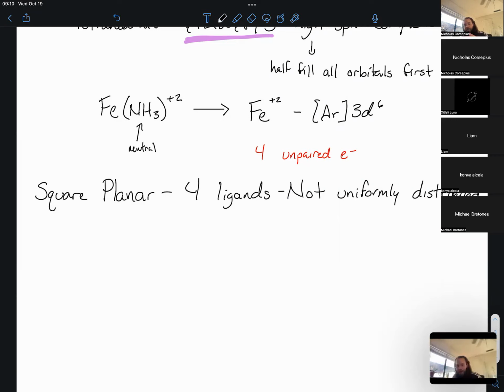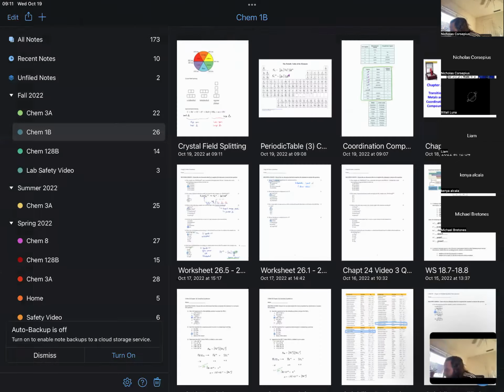They're kind of bunched up around the very center of the complex. Because of that, you see a much larger splitting energy than you would with a tetrahedral. So again, if I have my 5 equivalent free ion d orbitals, those are going to split into the splitting pattern for the square planar.